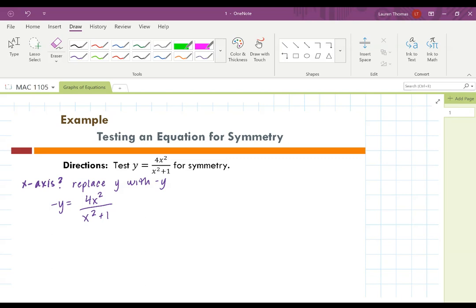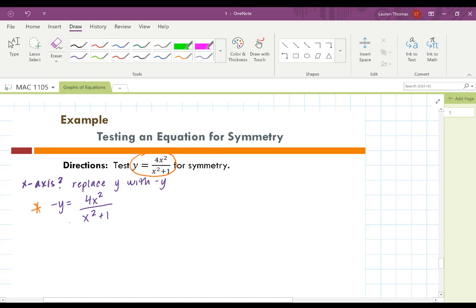So when I look here, negative y, there's nothing I can do to simplify that, and the right-hand side is already simplified as far as it can go. So what I'm doing is I'm comparing this new equation that I have to the original, okay? And we're checking to see if they're the same. So as I'm looking at this, okay, it is not the same as my original equation. All right, my original equation says y equals 4x squared over x squared plus 1.